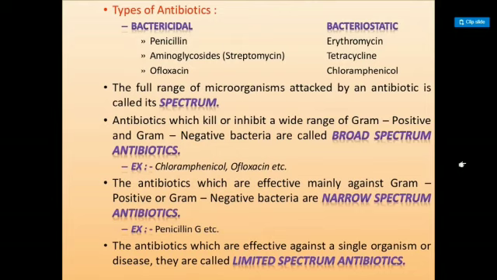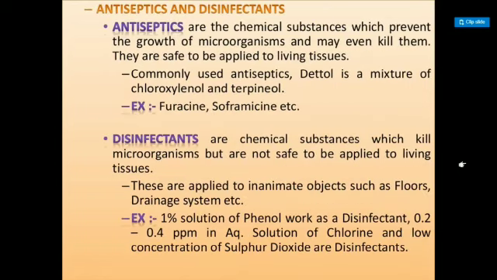The antibiotics which are effective mainly against gram-positive or gram-negative bacteria are narrow-spectrum antibiotics. Penicillin G, etc. are examples. The antibiotics which are effective against a single organism or a disease are called limited spectrum antibiotics.